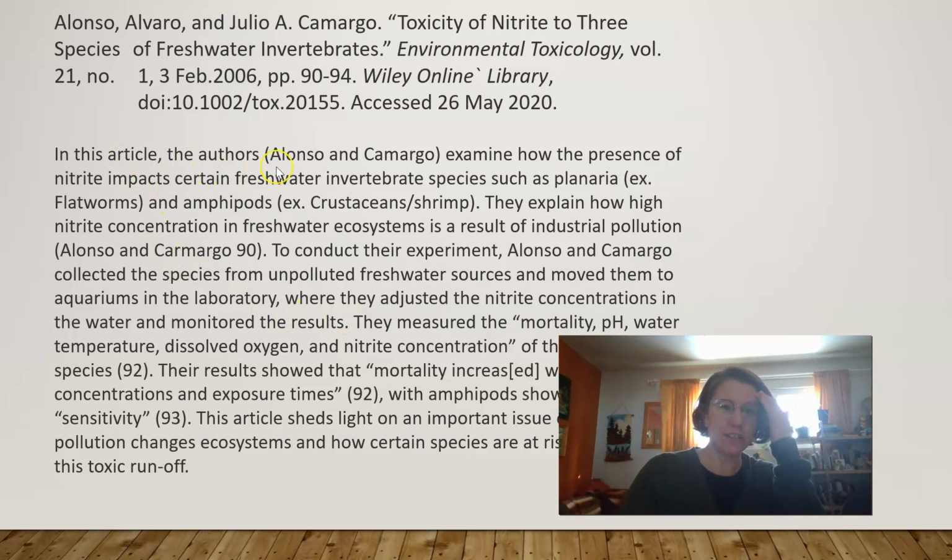So in this article, the authors, Alonso and Camargo, so you're using last names, examine how the presence of nitrite impacts certain freshwater invertebrate species such as planaria and amphipods. Okay, so this is a scientific article.